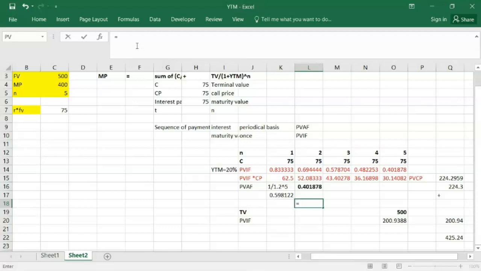Along with this value, you take 1 divided by r, which is 1 divided by 0.20, multiplied with 1 minus 1 divided by 1 plus r to the power n. You may get the same value. You just have to multiply this value.